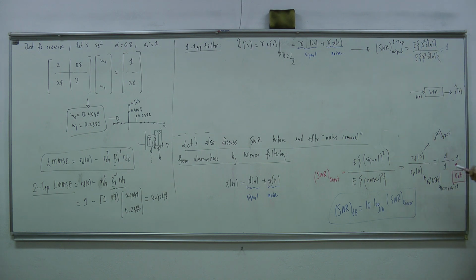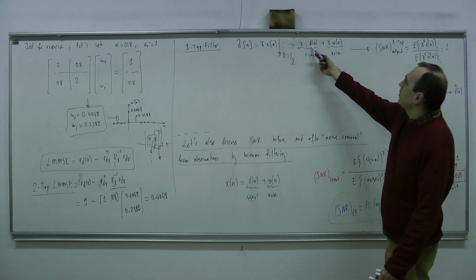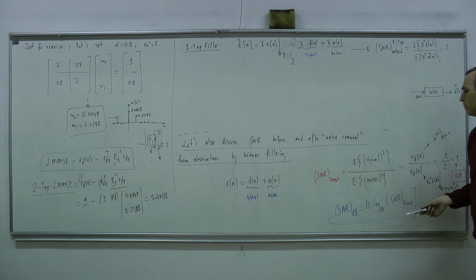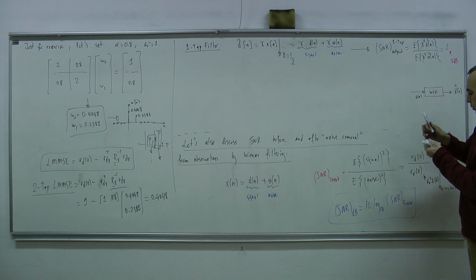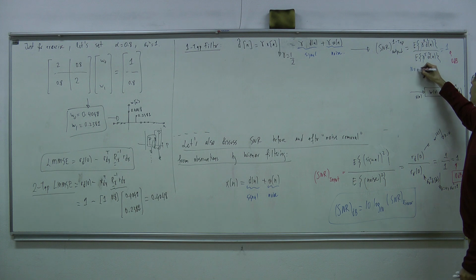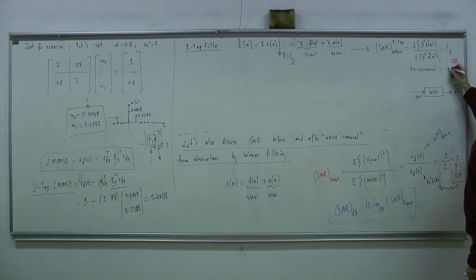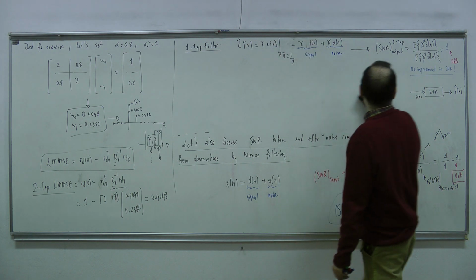This is somewhat obvious, because if I scale the desired signal by a factor and the noise by the same factor, their powers are scaled by the square of that factor, and when the ratio is calculated there's a cancellation. So again, I see 0 dB, no improvement in SNR.